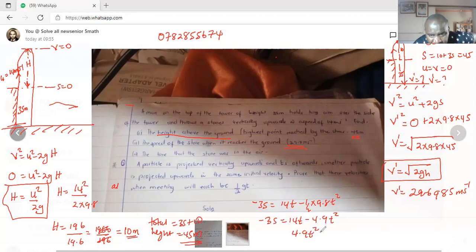4.9 t squared minus 14t minus 35 is equal to 0.